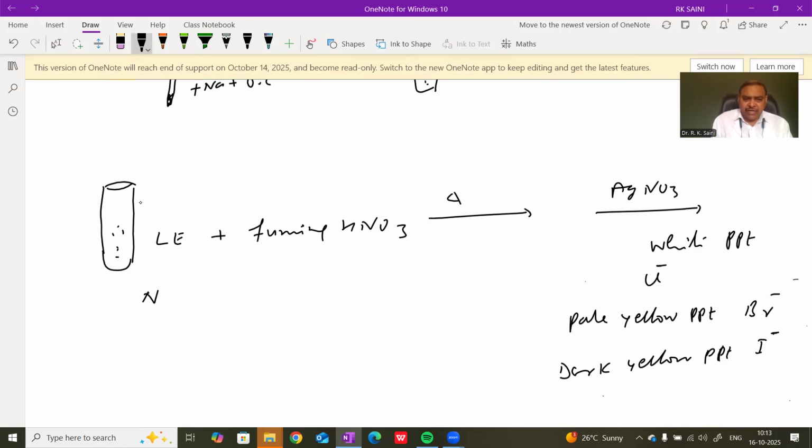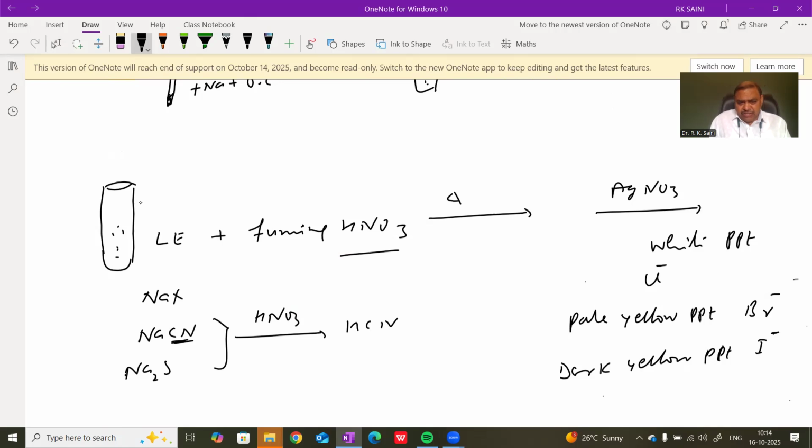Lassaigne's extract contains sodium halide, and if the organic compound contains carbon, nitrogen and sulfur, it may also contain sodium cyanide, sodium sulfide, etc. By the use of fuming HNO3, ions like cyanide are changed into volatile hydrogen cyanide, and sulfide changes into H2S.